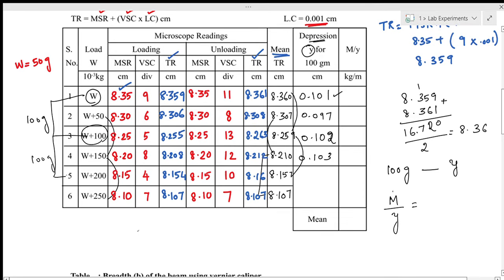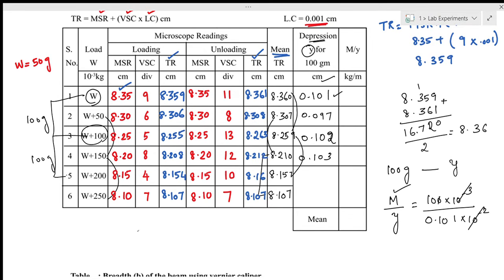It is 100 grams, so 100 into 10 power minus 3 divided by y, which is in centimeters, therefore 0.101 into 10 power minus 2. So I'll get 10 divided by 0.101, I got 99.